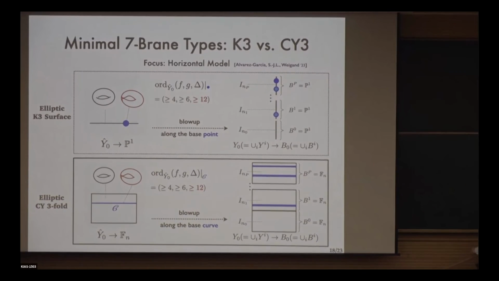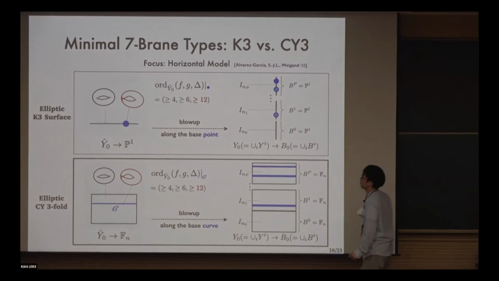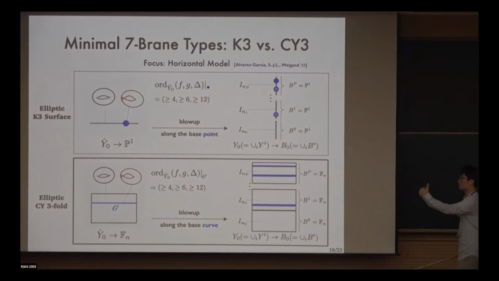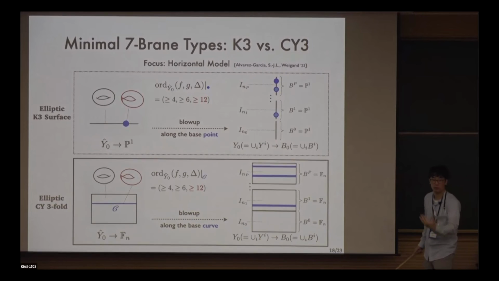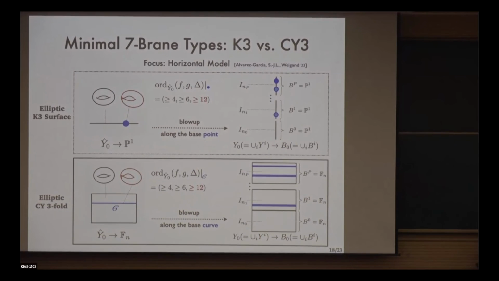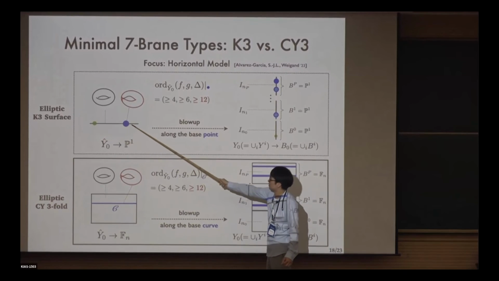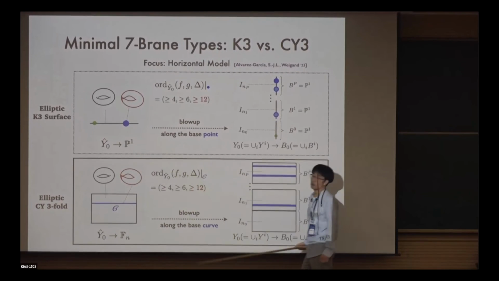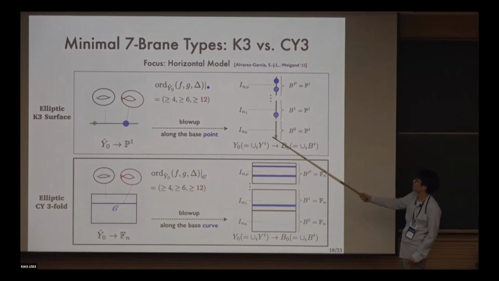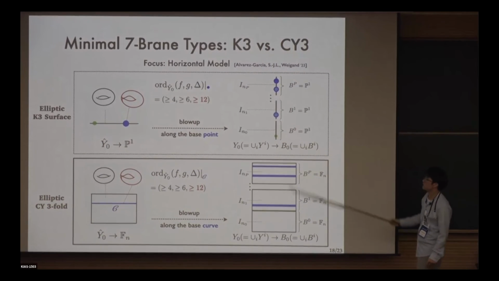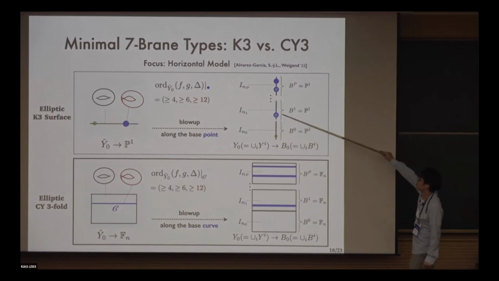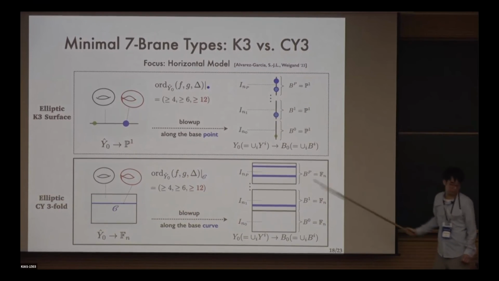So now we look at the minimal 7-brane types. As I said, this non-minimal stack will in general intersect with the minimal stack, and therefore, in relation to their interaction, we should also analyze the minimal brane types. In the K3 case, things are much simpler because the minimal stack will not touch the non-minimal stack, and therefore, after the blow-up as well, it will remain in the 0th component, not seeing the division of this non-minimal stack.